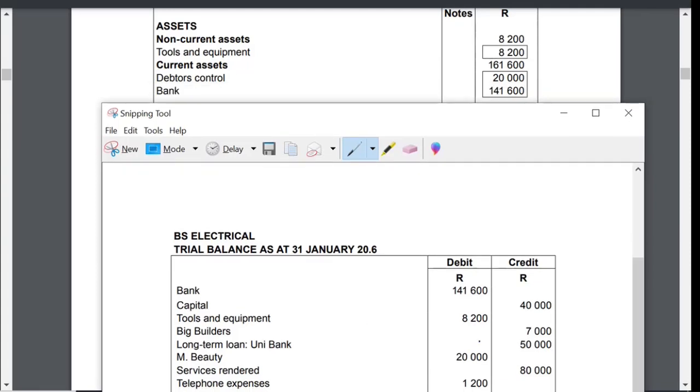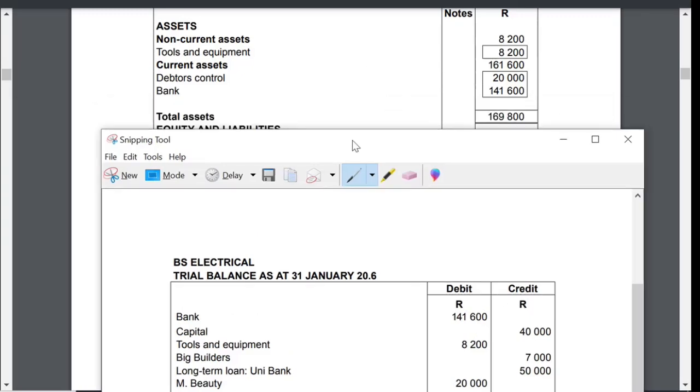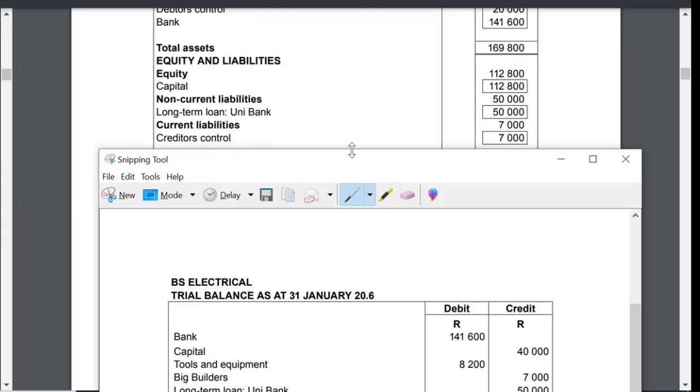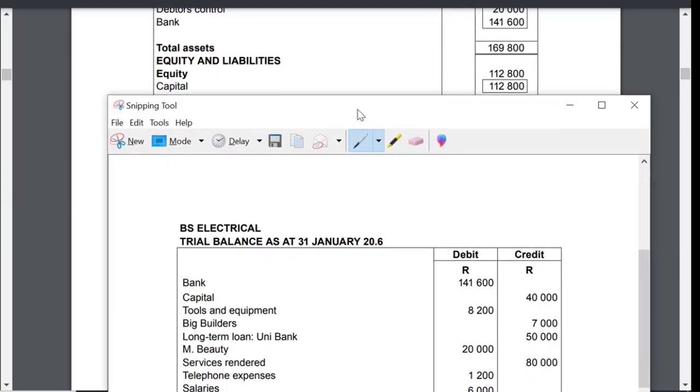Bank account, here it is, 141,600 from the trial balance. And then when you go down here, where do they get the capital of 112,800? Where is the 112,800 coming from?